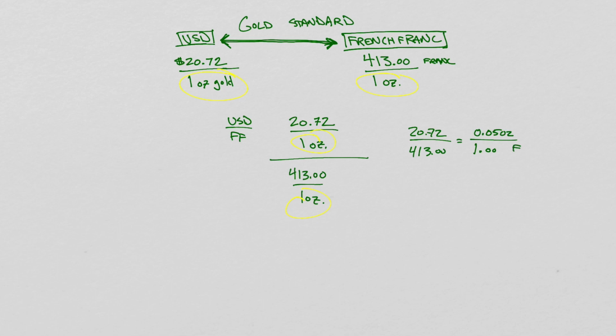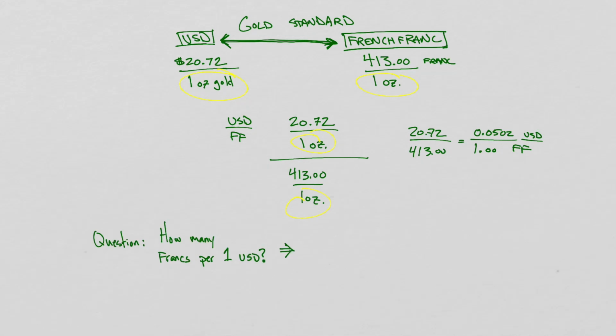And so my question as an add-on to you is, if this is the rate of 1 French franc versus the US dollar, what is the rate of 1 US dollar to the French franc?